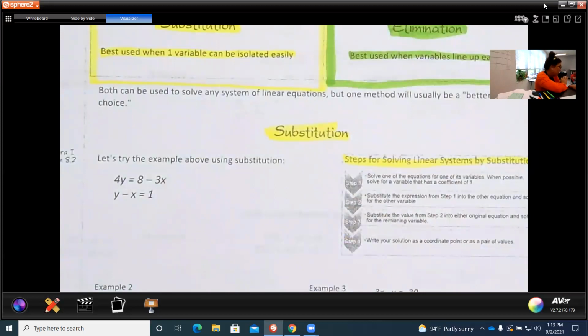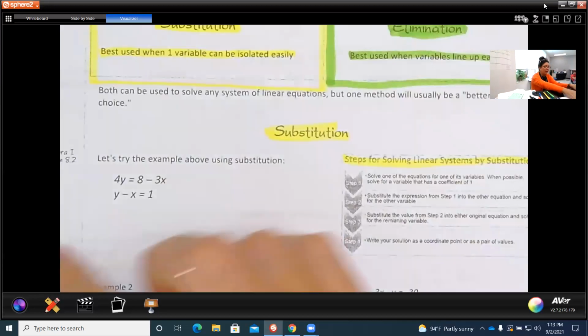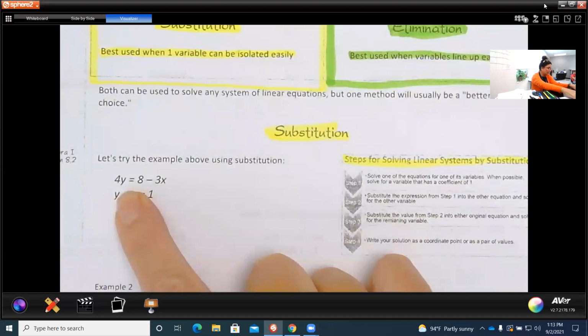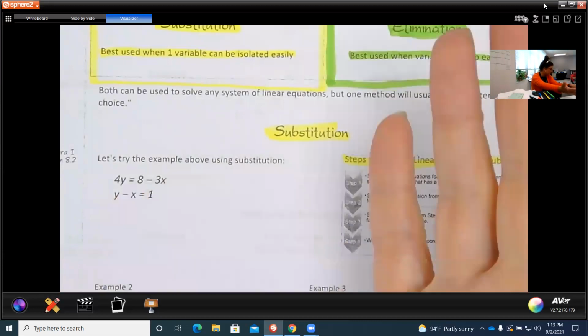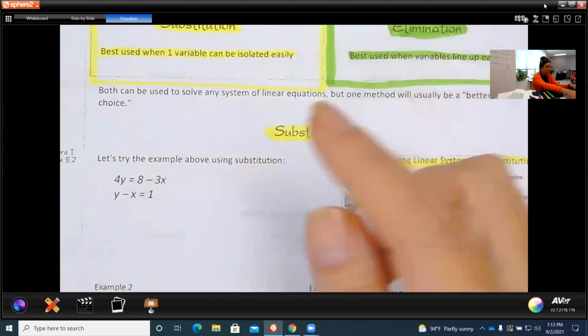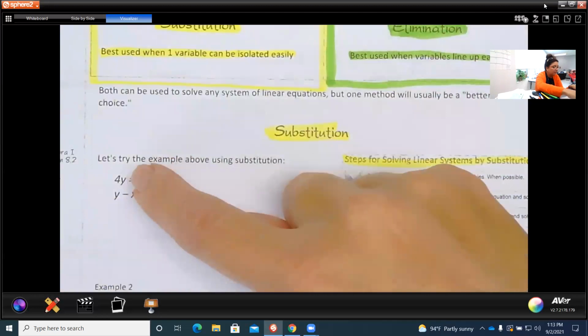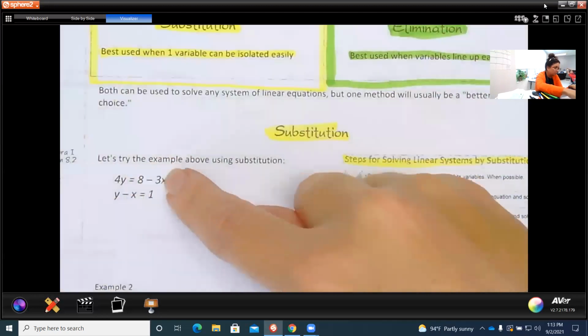You can choose either equation and you can choose either variable that you want to solve for, okay? It's easiest if you have a variable in one of the equations that has a +1 coefficient. Sometimes you might have more than one choice. Doesn't matter which one you pick. But say I picked this top one and I want to isolate the y, when I divide everything by y, that'll turn into 2, but this is going to turn into -3/4.